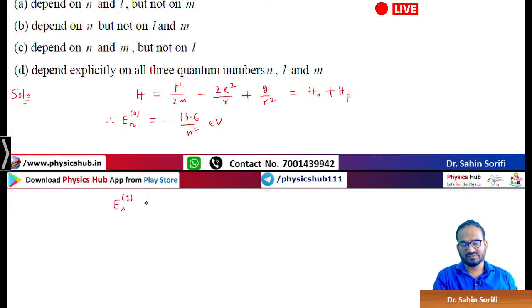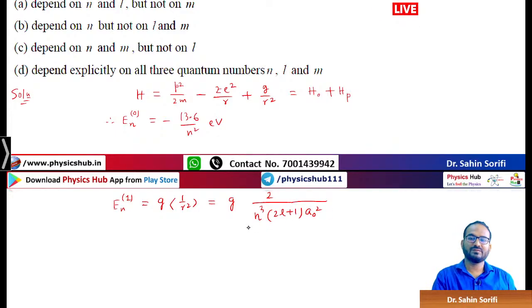This is a first order correction. We will talk about it in the perturbation chapter very well. G times the expectation of 1 by r square is equal to G times 2 by n cube (2l plus 1) a naught square. You just see the dependency on n and l. You don't need to remember this.